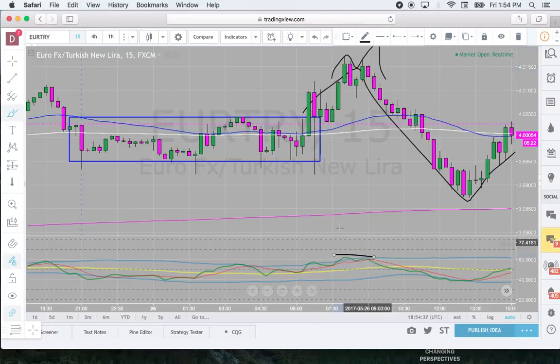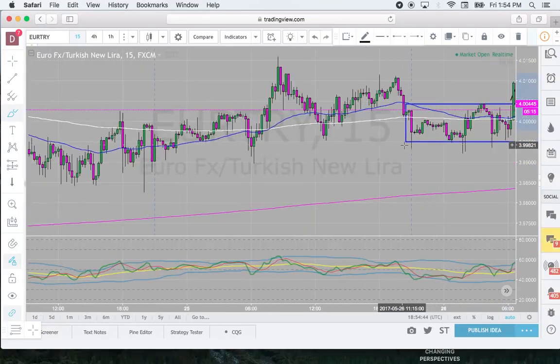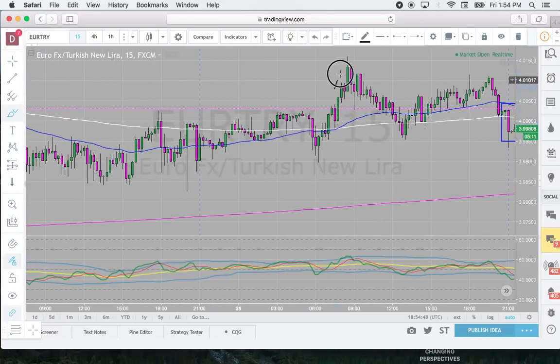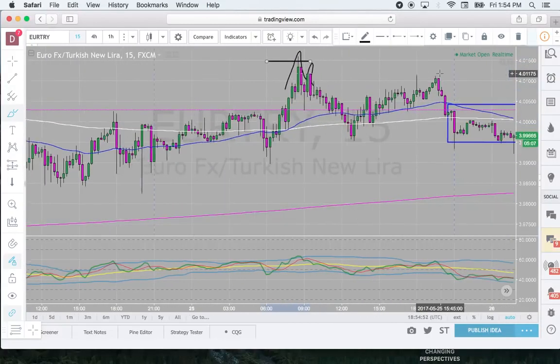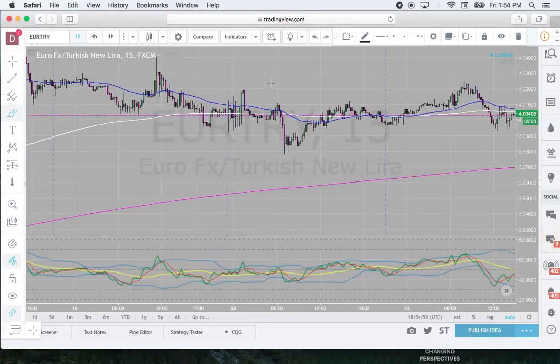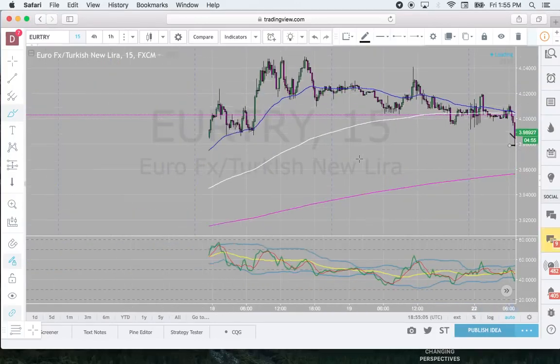The divergence, could have caught that right there as a sell. We can see it happen again right here. The M off of the high of the day. You can see it happen here. The W off of the low of the day. And this is all we're doing, you guys.